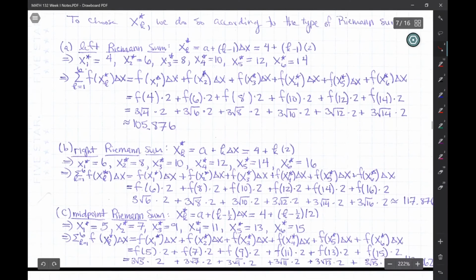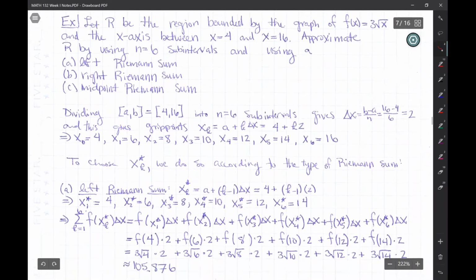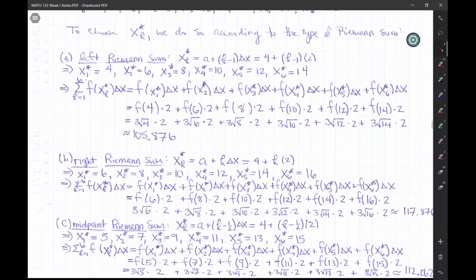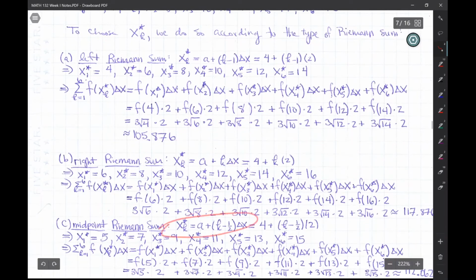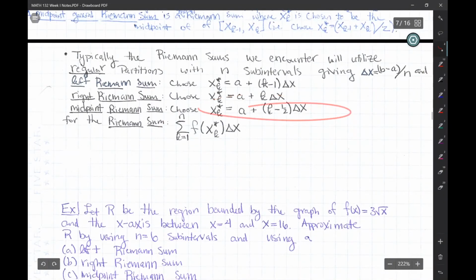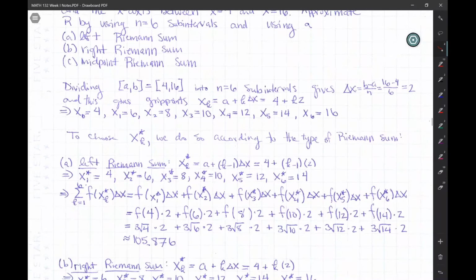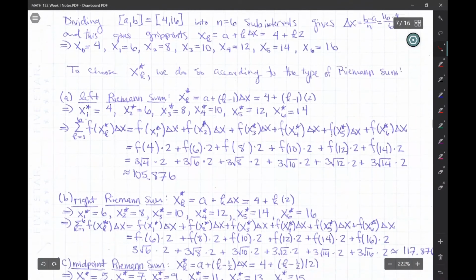Okay, so we looked at the left Riemann sum for this, and we looked at the right Riemann sum of this problem. Well, what about the midpoint Riemann sum? Here we're going to choose the midpoint, and we have a formula for that. It was written up here for choosing the midpoint. But you could tell what the midpoints are for these. There are a few subintervals, just 6 of them.